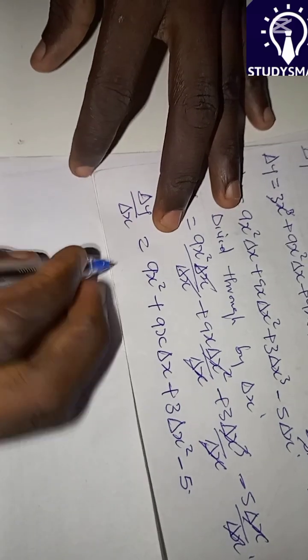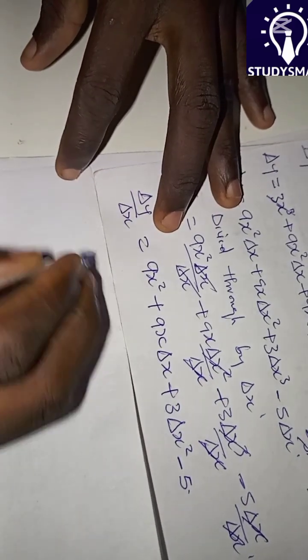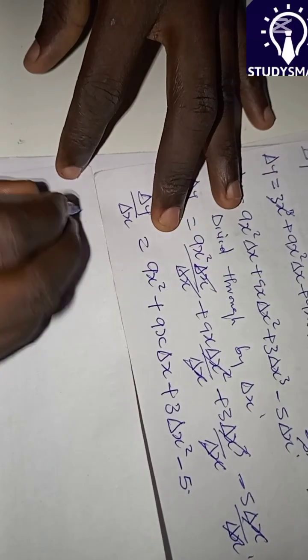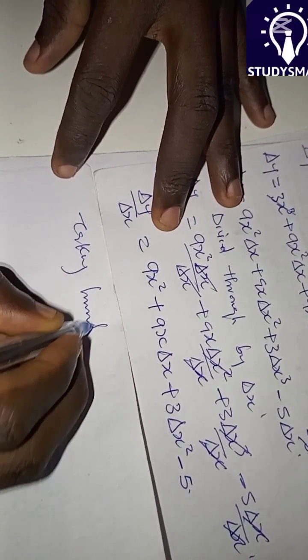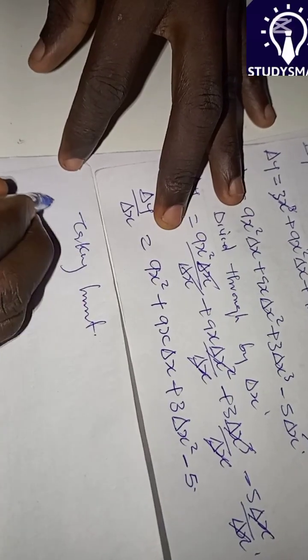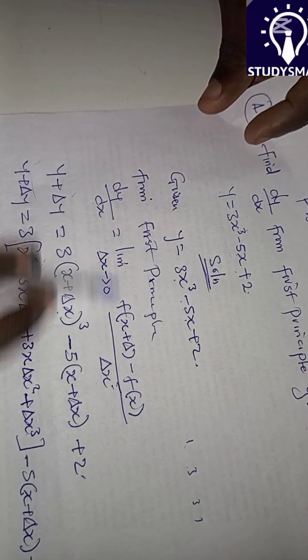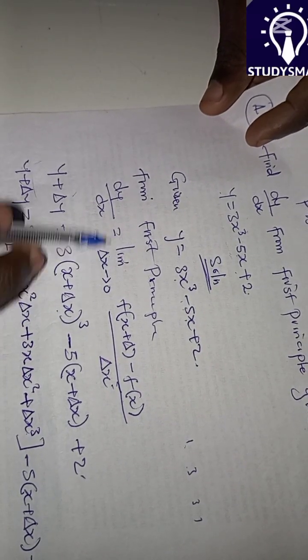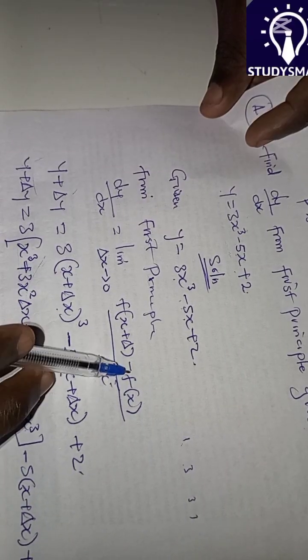So next up, I'm going to take limits of both sides. Taking the limits, I'll have dy over dx. Going back to the expression we had, dy over dx is equal to the limit of this whole expression here.